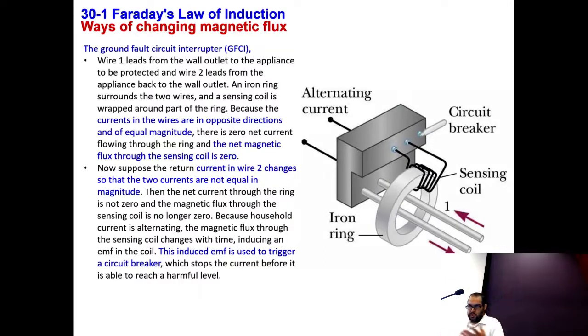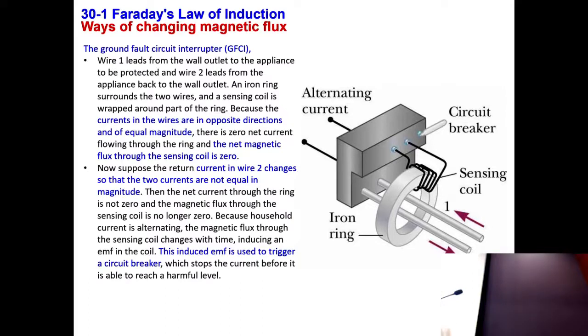Okay, I'm going to mention only a couple of devices that use this principle of induced EMF. The first one is what we call the ground fault circuit interrupter, or circuit breaker. Imagine you have the outlet connected here in your house, and you have a device here.